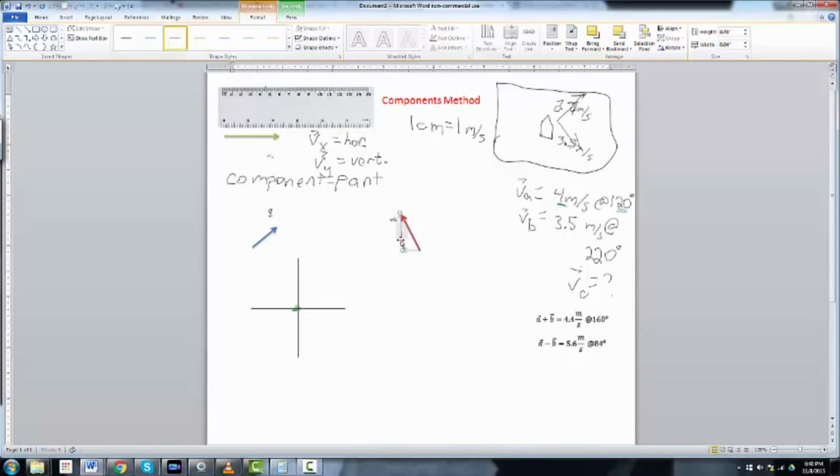Let's make that red. So what I'm doing here is taking each vector and breaking it into the two parts. It's going some in the x, it's going some in the y. And I want to find out how much in the x is it going? How much in the y is it going? I know it's going 4 meters per second at 120 degrees, but how much of that is in the west and how much is in the north?